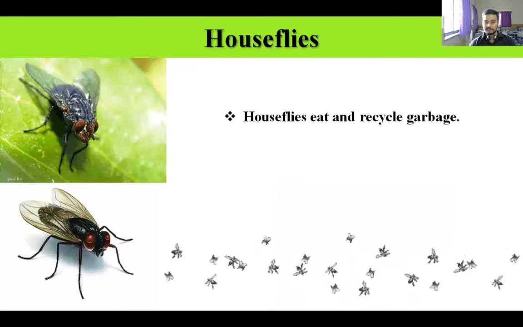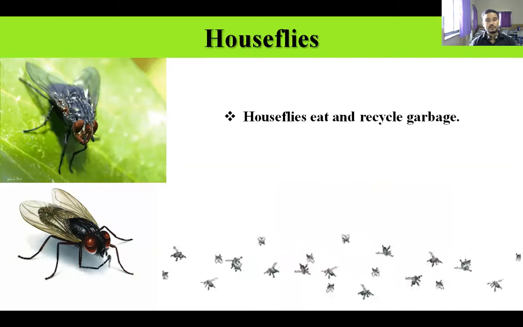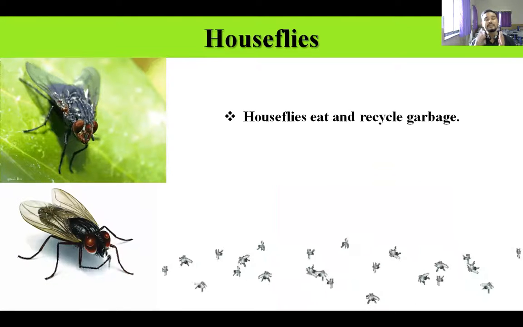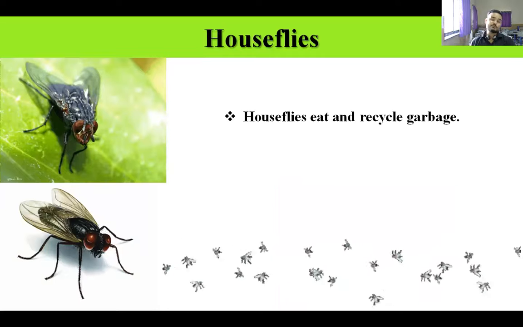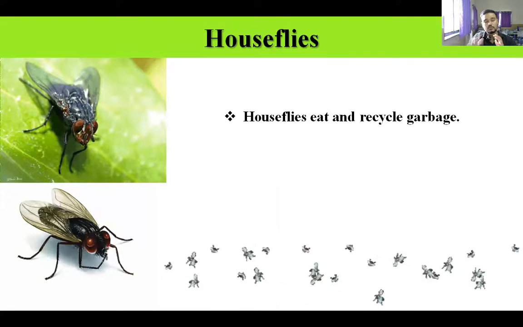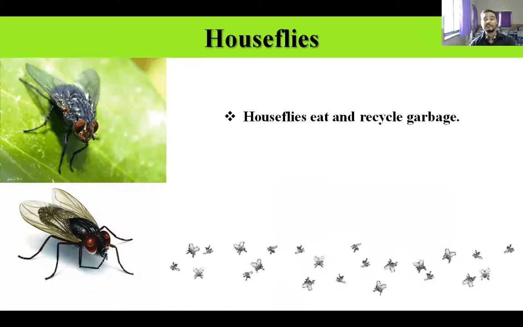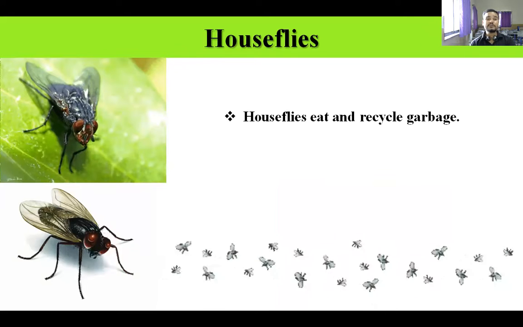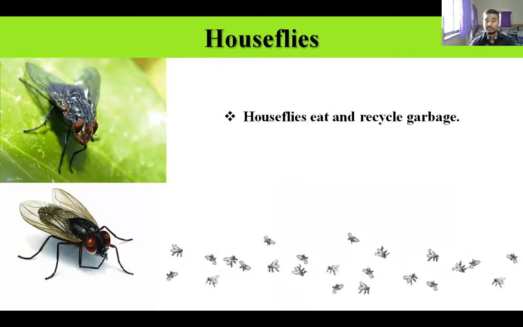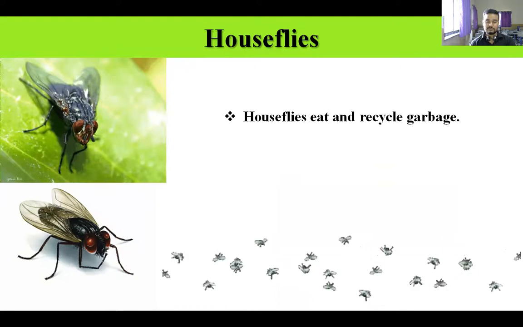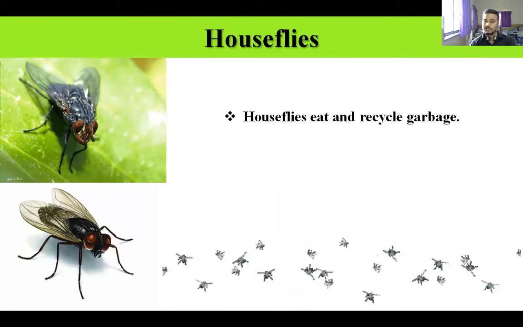As the fly is eating, using its excretory system, it will extract the useful material for the plants. So they are recycling the garbage of our day-to-day life or our society, and they will eat anything. You put anything eatable in front of them, they will eat. Okay. So this was about house flies.